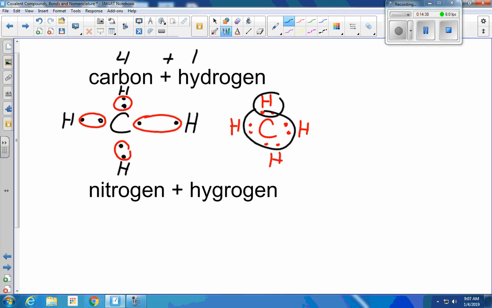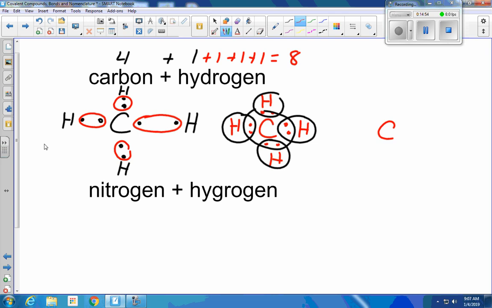Each hydrogen is happy because it has 2. So we have now 8 valence electrons. Now, as a Lewis structure, showing the bonds, this. Now, the formula is CH4, which is methane.